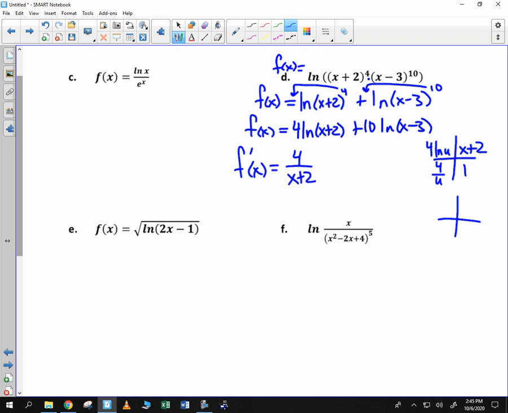That's the first derivative. Plus the next derivative: 10 natural log of u, with u being x minus 3. The derivative of 10 natural log of u is 10 over u, and the derivative of x minus 3 is 1. Multiply those together, and I get 10 over x minus 3.